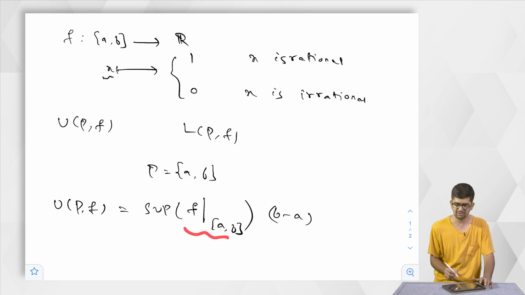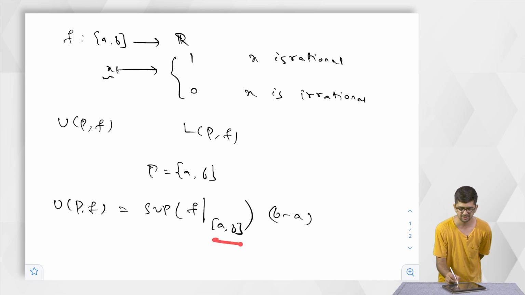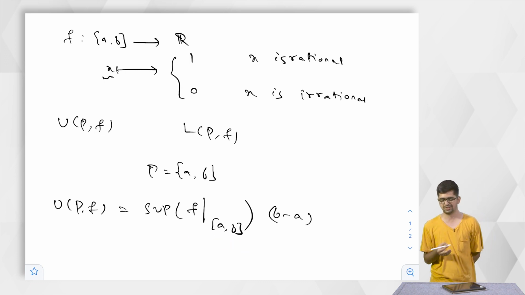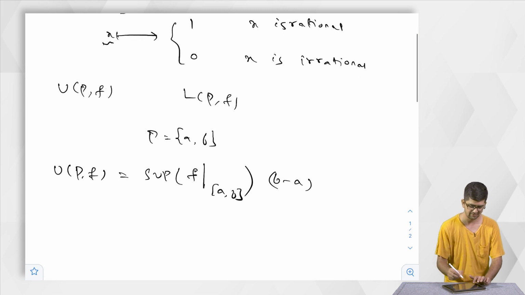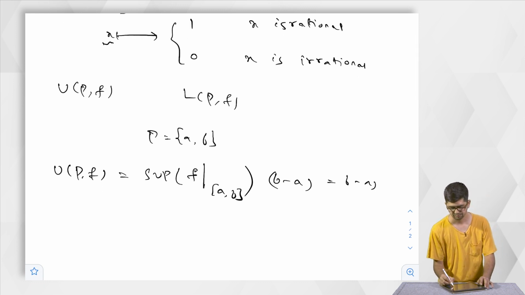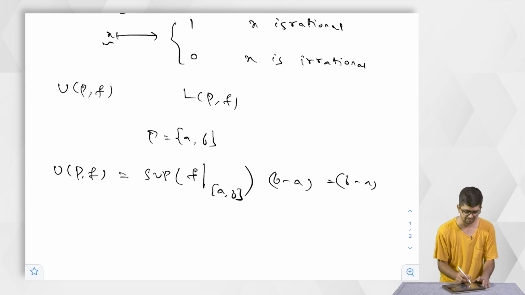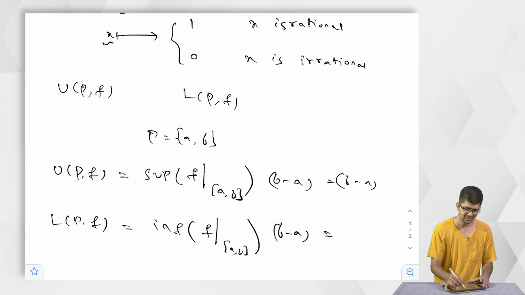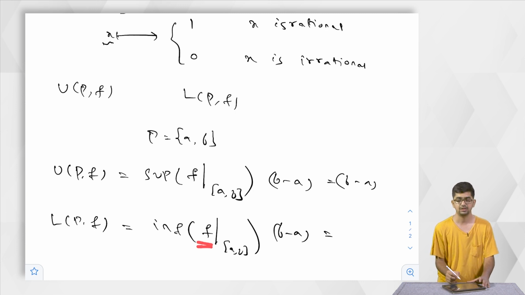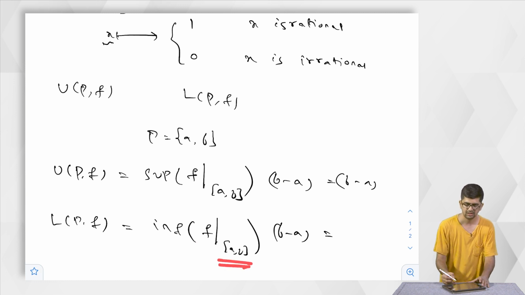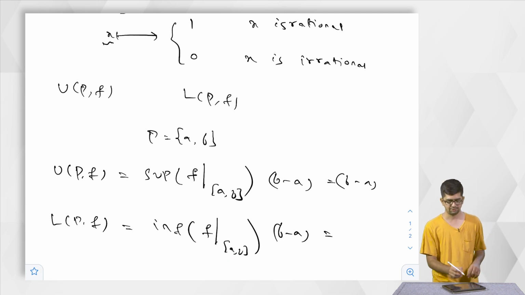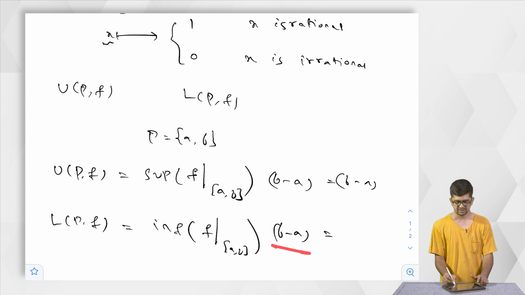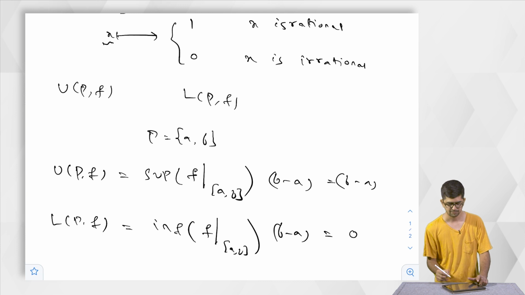So the image of f restricted to [a, b] is just the two elements 0 and 1. So the supremum is 1, and we have 1 times b minus a, which is b minus a. Let us compute L(P,f). What is this? Infimum of f restricted to [a, b] times b minus a. As I have said, the image of f restricted to this interval is just the two elements 0 and 1. So the infimum is just 0. 0 times b minus a is 0, so I am just writing it to be 0.